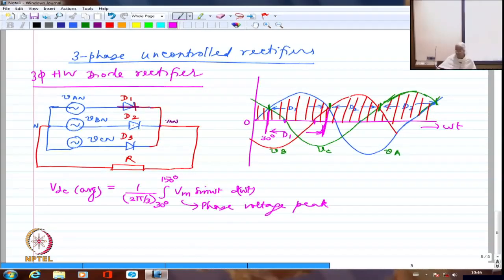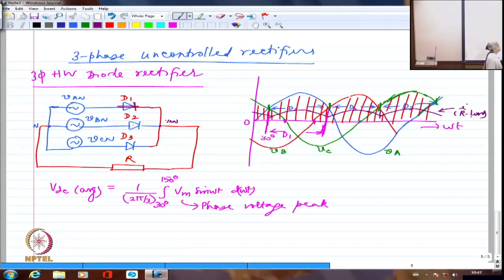Look at the current now. If it is a resistance load, I'm going to have the current somewhat like this. It will go like this, and again it will jump up like this. Same 120 degree duration, again I will have the current like this. So this will be the current for R load.